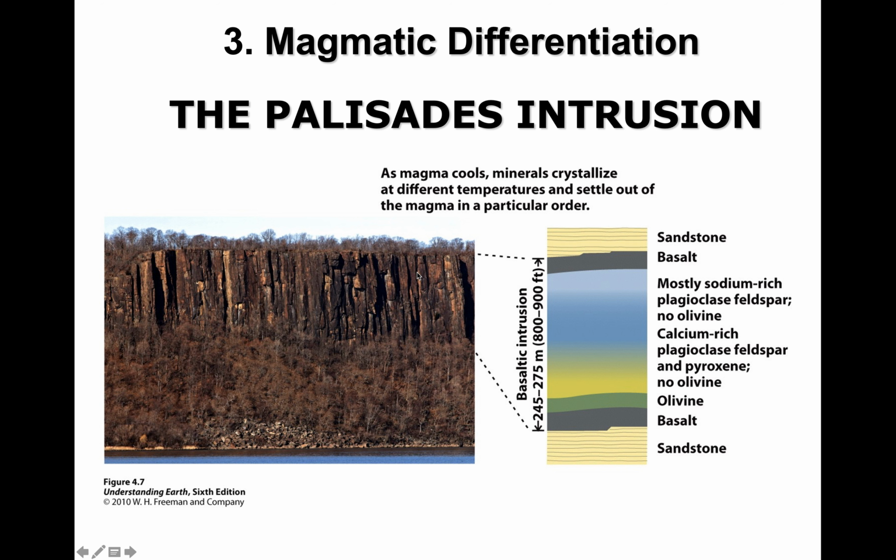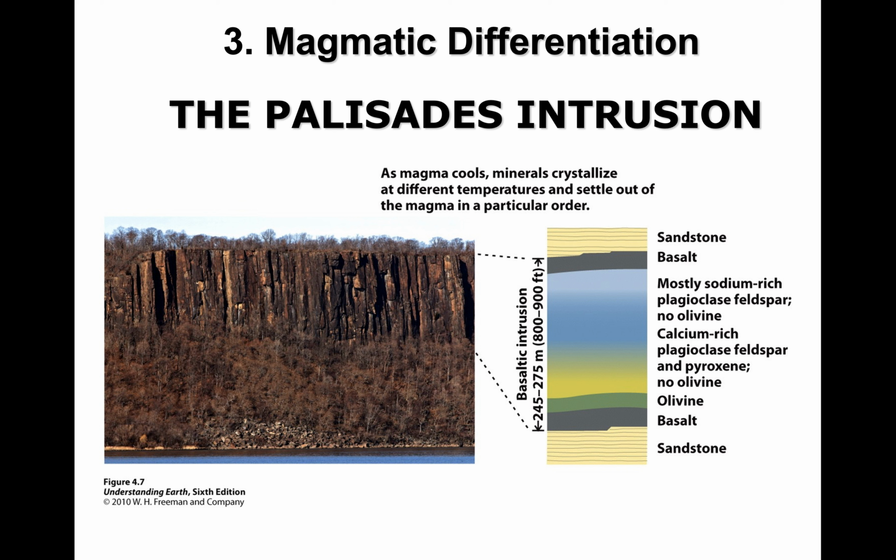Moment, where do I have the mouse? Here we have the basaltic intrusion. Here we have a cross section, and this basaltic intrusion is overlain by sandstones. Then we have the basalt, and here we have the basaltic intrusion in the middle. In the upper part we have mostly sodium-rich plagioclase feldspar and no olivine.